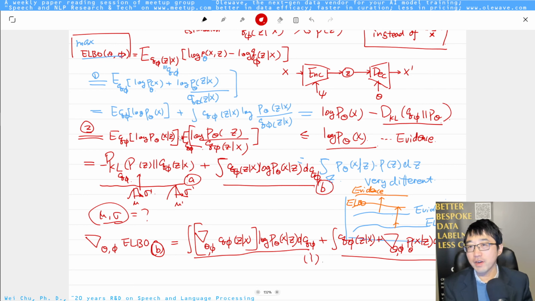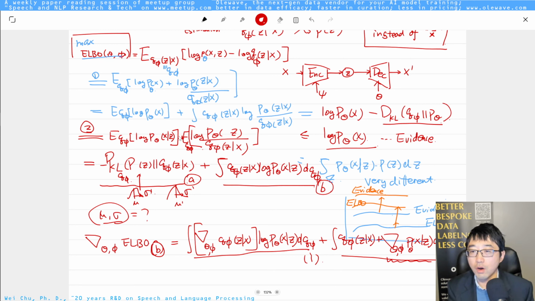The second part is fairly simple, because if you look at the decoder, you go from z and you estimate your x, and then you see what this is. This is the gradient in this decoder. Am I right?